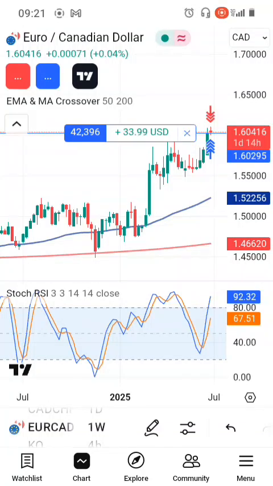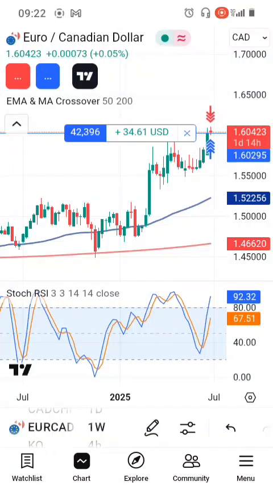So the move is favored by a breakout strategy, and that's what we are looking for. So we're looking for a breakout strategy.